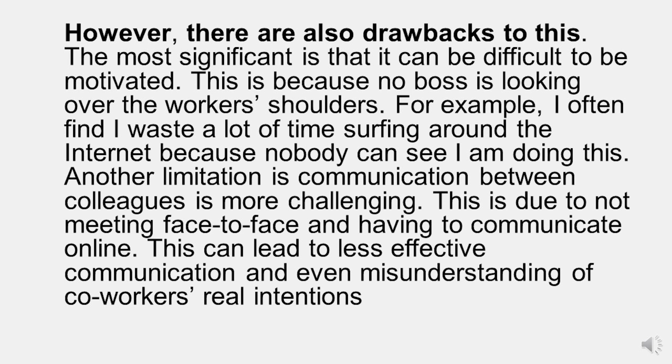Another limitation is communication between colleagues is more challenging. This is due to not meeting face-to-face and having to communicate online. This can lead to less effective communication and even misunderstanding of co-workers' real intentions.